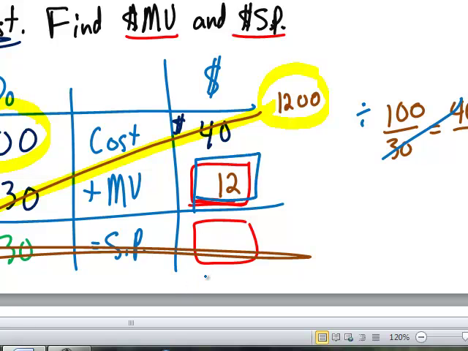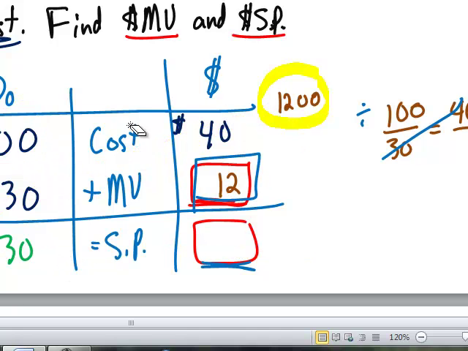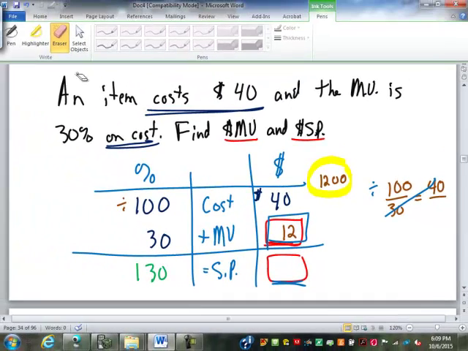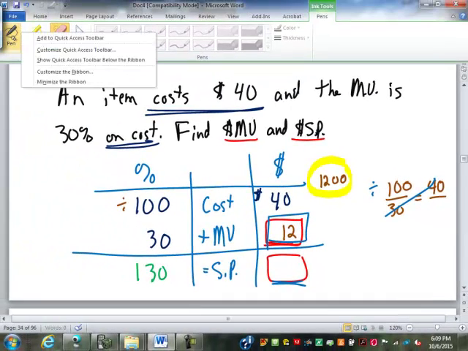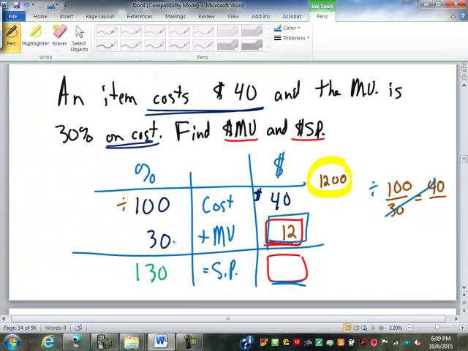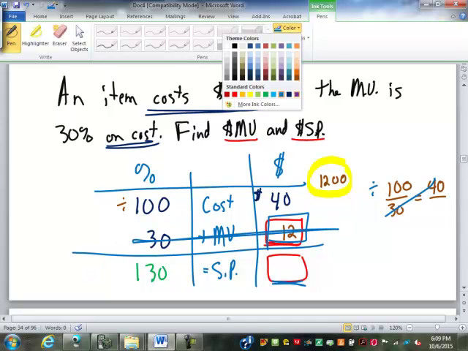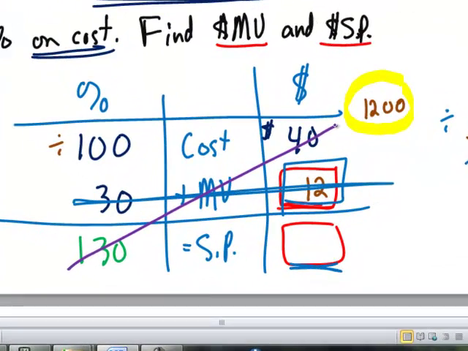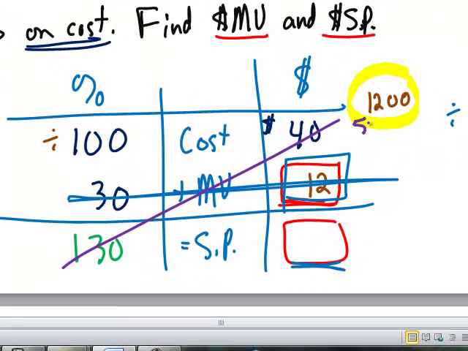Now there are two different ways I could go about finding this selling price. I could go back now and ignore this row, and I could cross multiply and divide. 130 times 40 is 5,200, divided by 100 is 52.